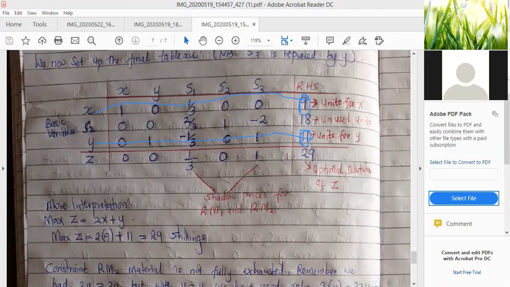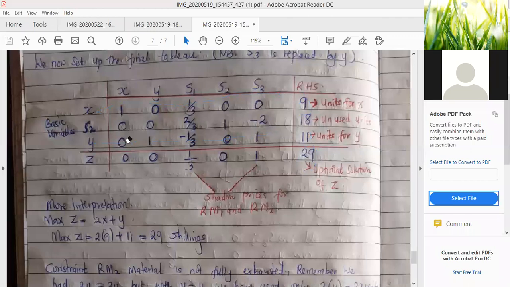For the Z, it is actually the highest value that you get, but all these elements alongside the column, or rather law Z, they should all be positive. If you still have some negativities, then it means your solution is not yet optimal.